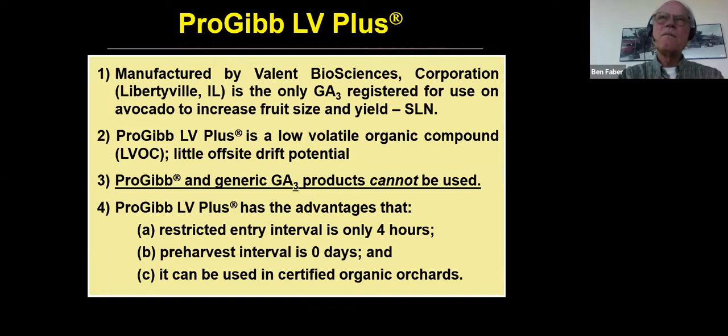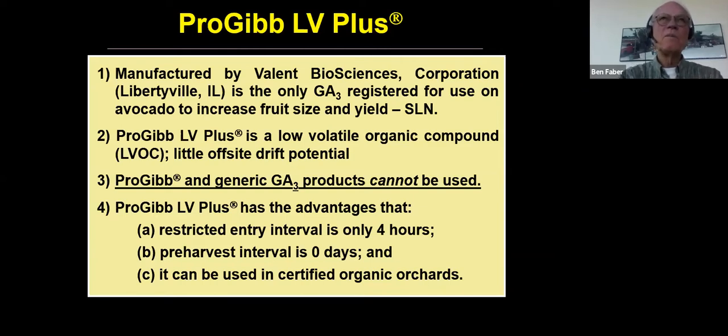And the reason for this is that, again, this is a hormone that can have significant effect on plant growth, and you don't want it drifting. Most avocados are going to be using this as an aerial application. You don't want this floating onto your lemons and causing some problems.